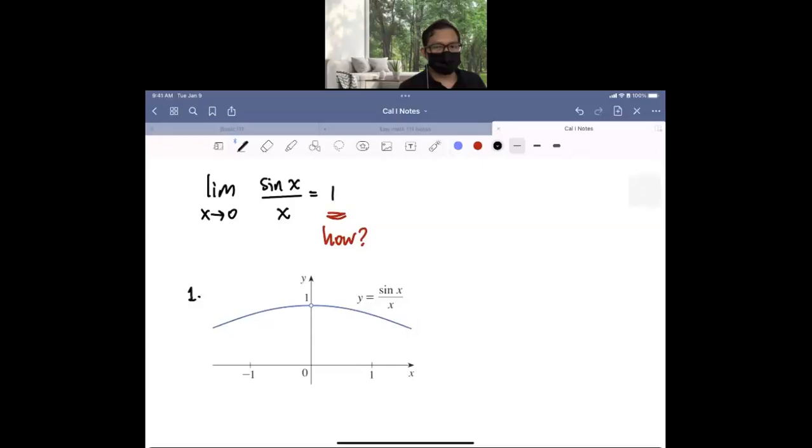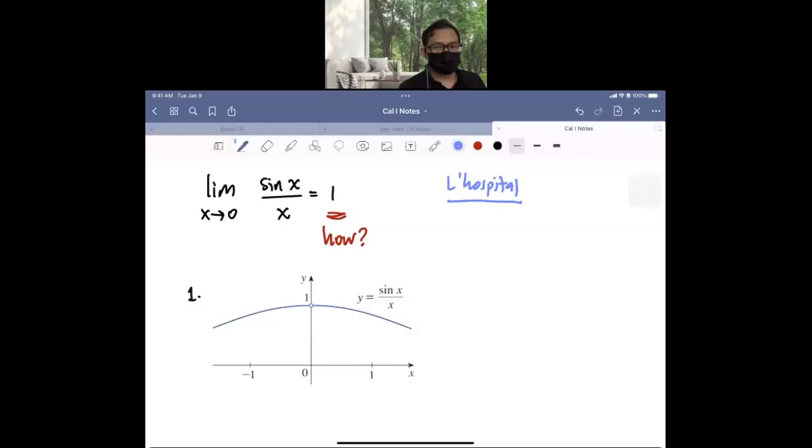Probably some of you are familiar with L'Hopital's rule? No? Oh, good. But this is not how it works. L'Hopital's rule is another way, but it seems it's going to work with this method. L'Hopital's rule says that when you put x inside the limit, you put 0, sine x is 0, x is 0, so 0 over 0.